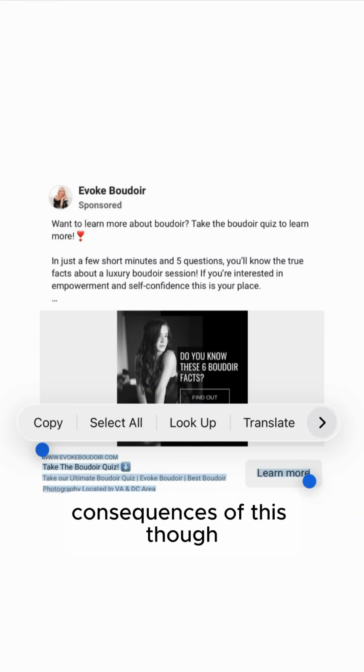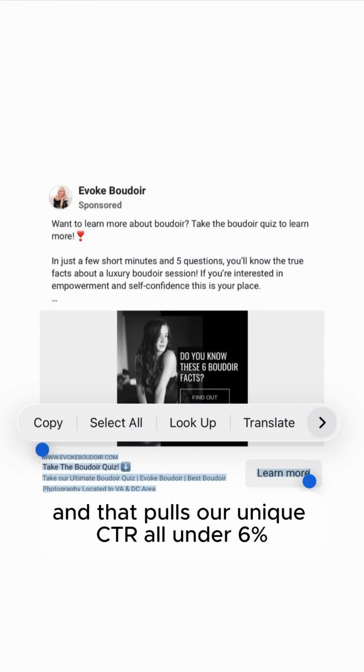Consequences of this, though, way more women scrolling by our Boudoir Facebook ads than necessary, and that pulls our unique CTRL under 6%.